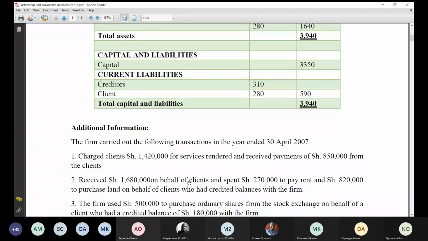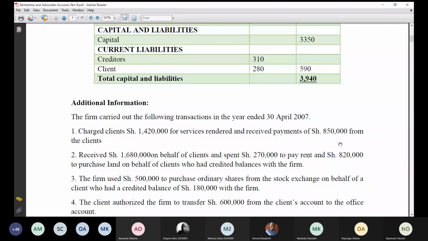So the firm carried out the following transactions in the year ended 30th April. What we are given here is in 2006 as per the balance sheet. So what is there as at April 30th, 2007 is what we are going to adjust. One, they charged clients 1.420 million for services rendered. That is his fees.